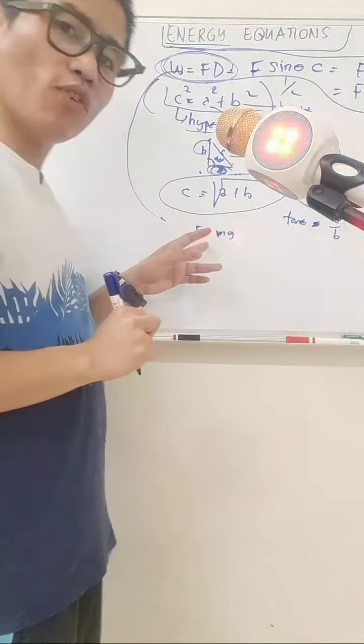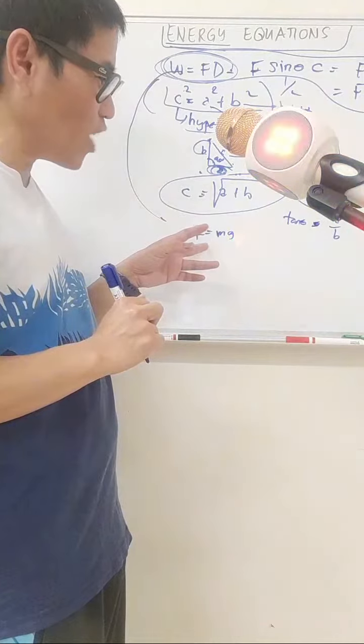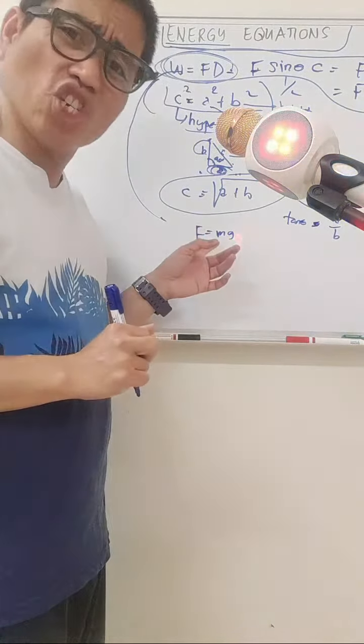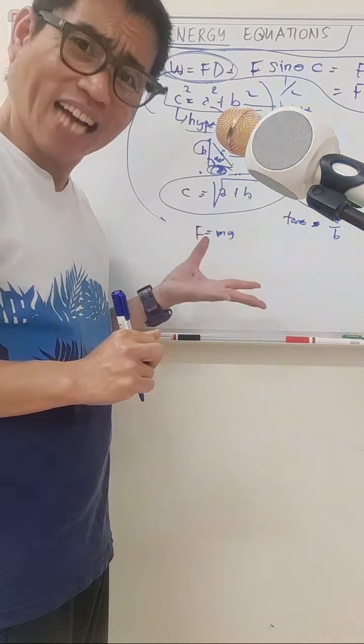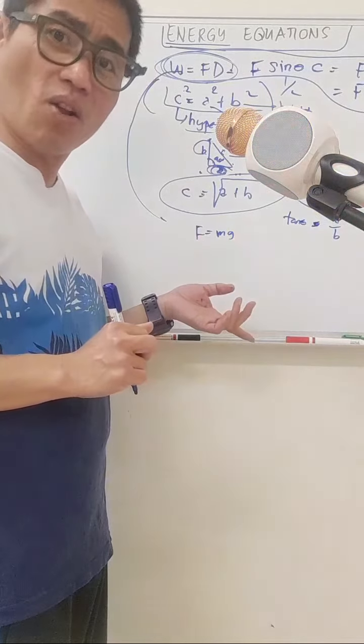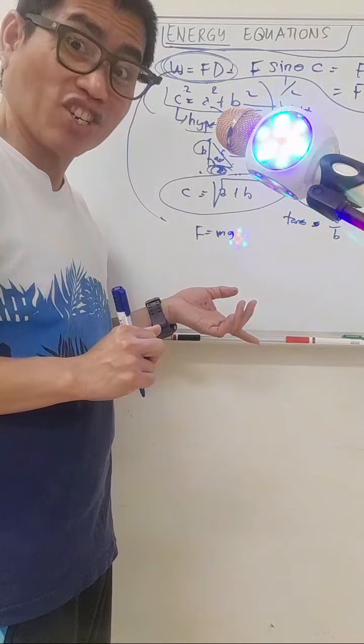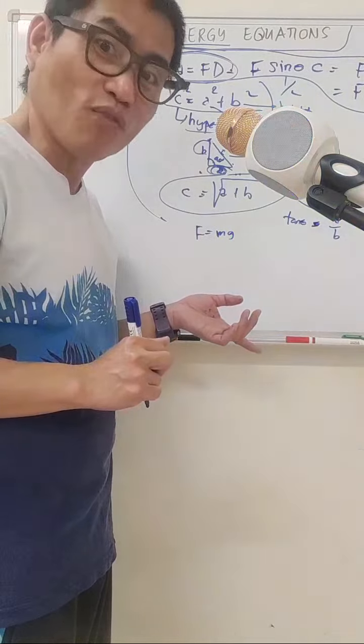So now we have another formula: F is equal to mass times acceleration due to gravity. In fact, we can say that G is also an A, a simple acceleration, the rate of change of velocity.